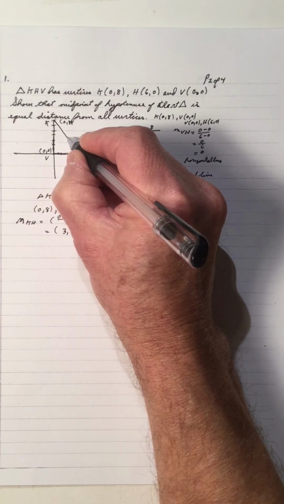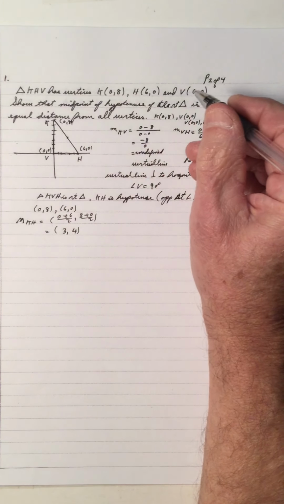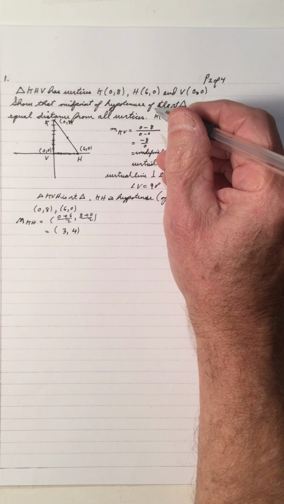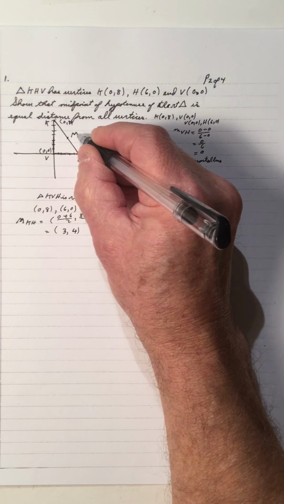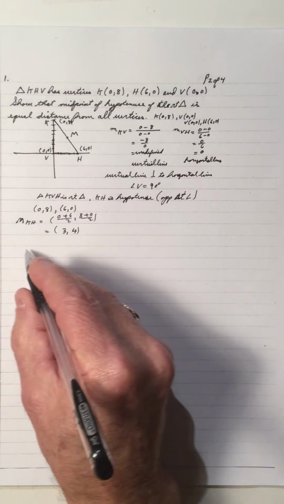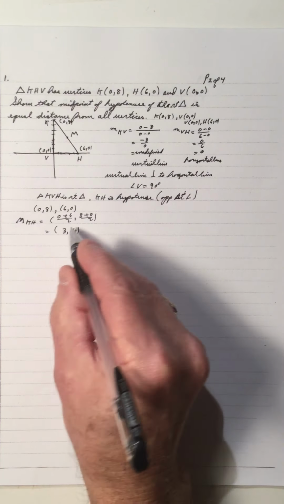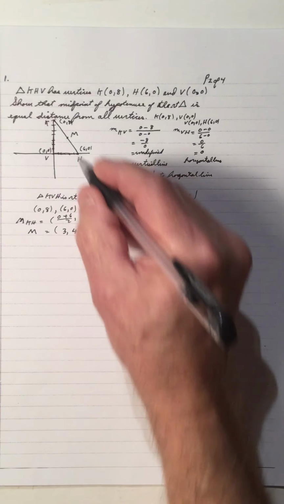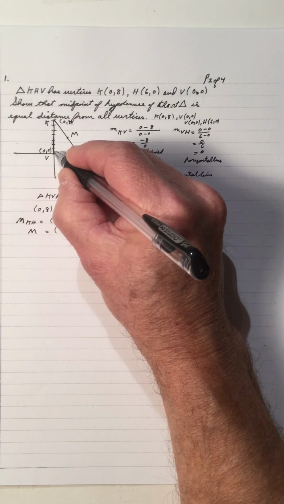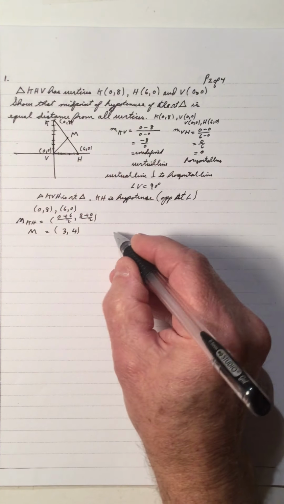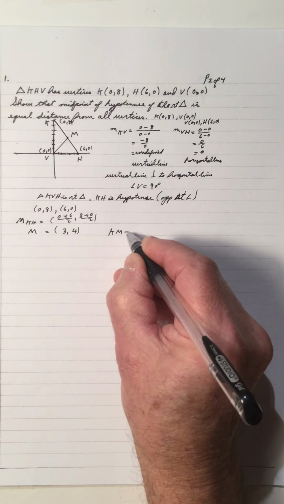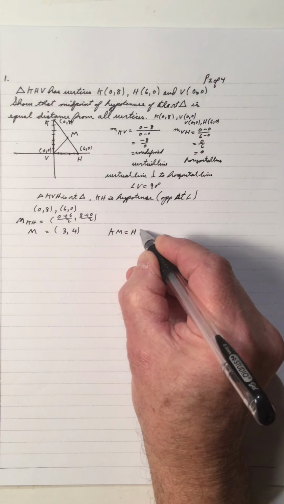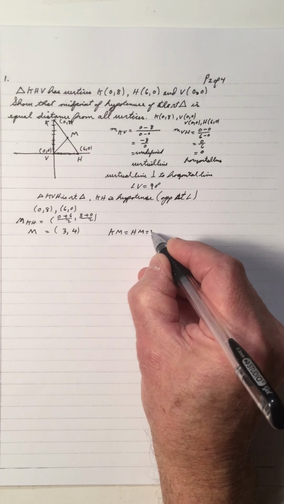Let's give the midpoint a letter, so let's call the midpoint of KH big M. So we have to prove that this midpoint is equal distance from all three vertices. So we're going to prove that KM is equal to HM is equal to VM.